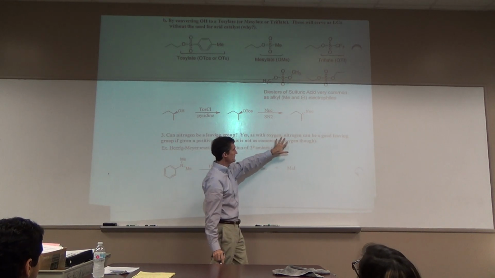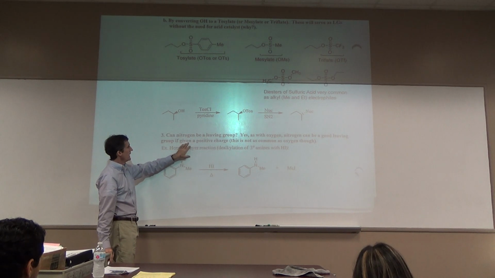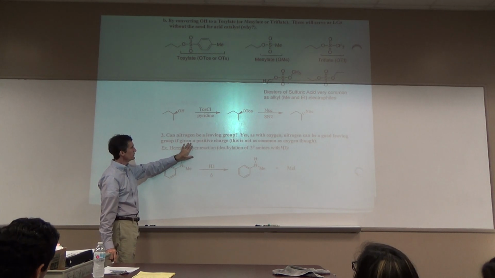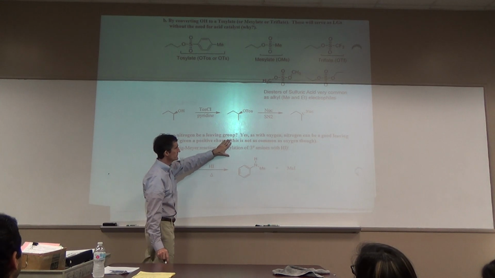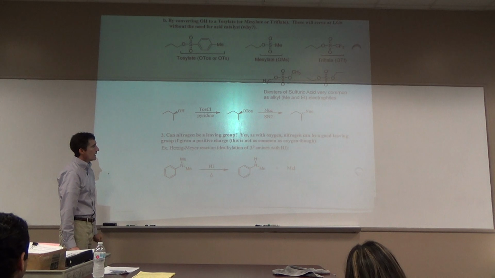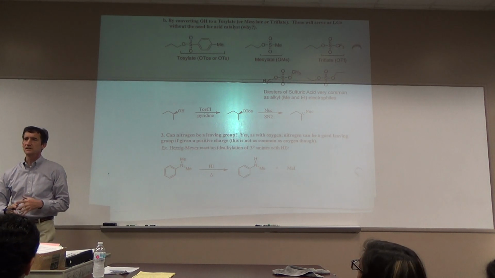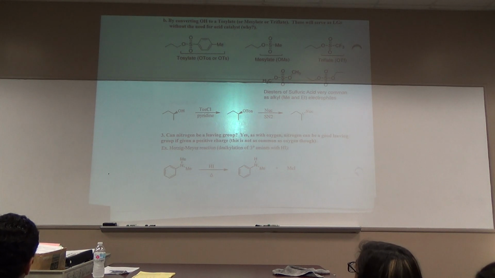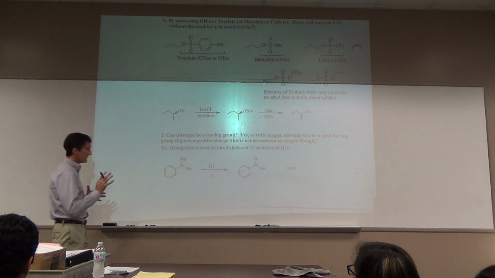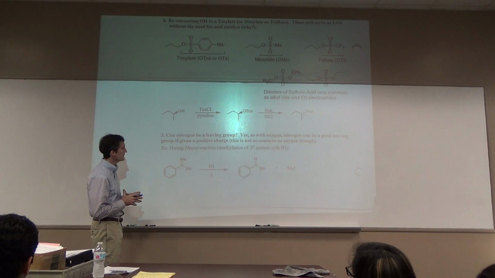But as with oxygen, it typically can only be a good leaving group if you give it a positive charge. Now, it's kind of rare to see nitrogen as a leaving group. Oxygen all the time. Actually doing it in the lab this week. Nitrogen more rare. But if we can make it positive, again, it can possibly leave.